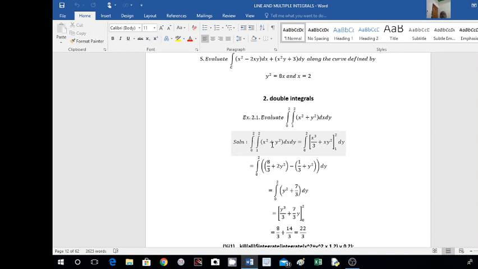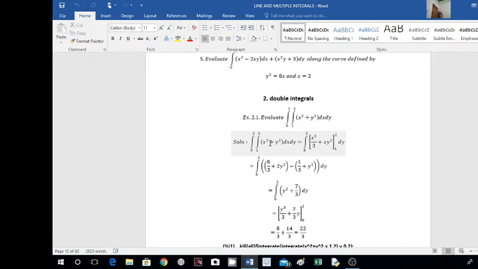So this is our x square plus y square dx dy. First we are integrating with respect to x here, and in double integrals, integrating with respect to x means we treat only x as the variable, and all the remaining are constant quantities. So we treat this y square as a constant quantity here.